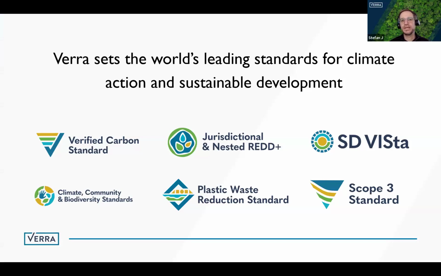But we also operate and are developing a number of other innovative programs in the sustainability space, related to REDD+, for example, and also sustainable development and other community and biodiversity outcomes. We have a plastic waste reduction standard, and our newest program is the Scope 3 standard, which we're all here to learn about today.